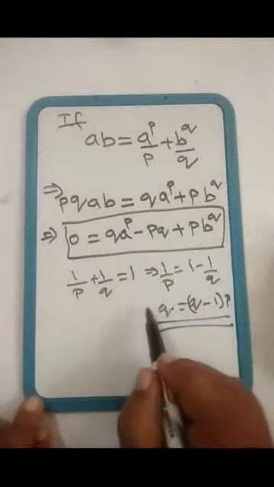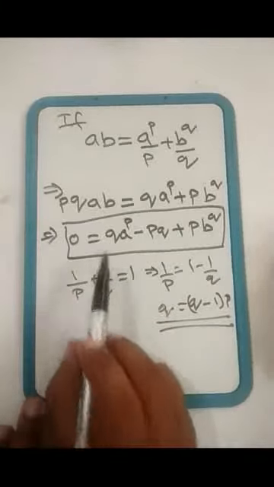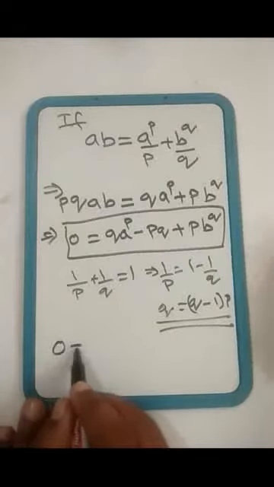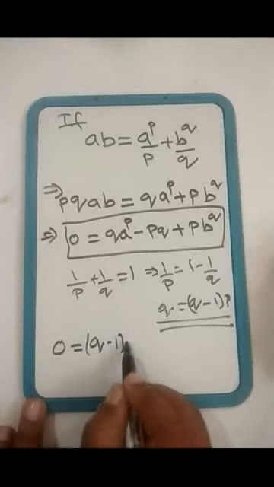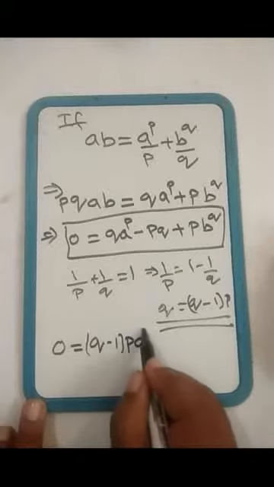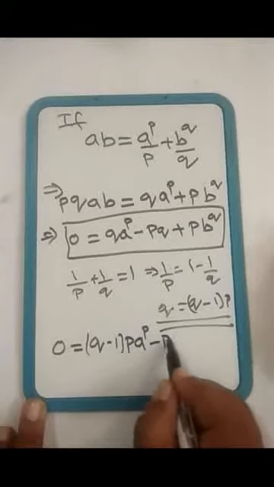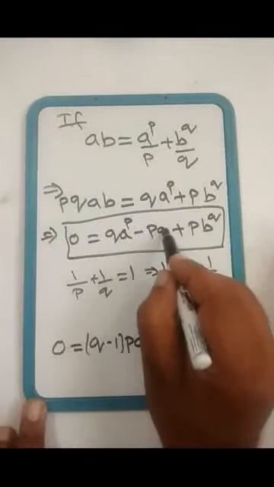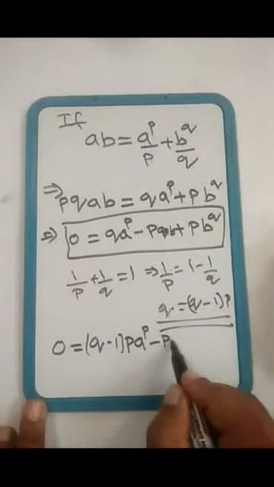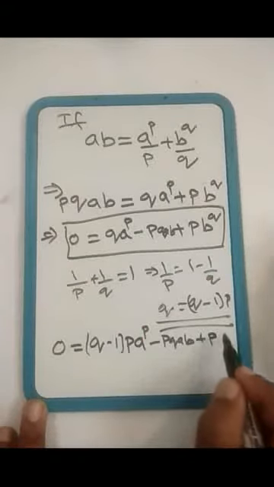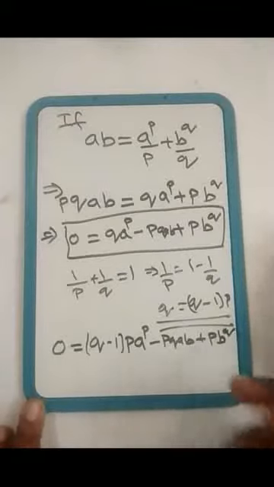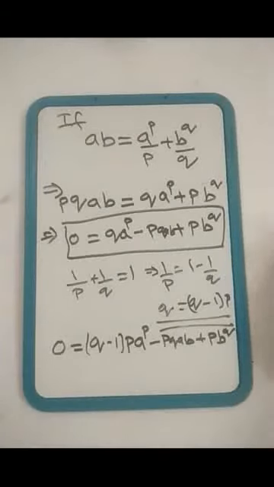So let's substitute this value here, this value of q. So 0 is equal to q minus 1 times p, a raised to p, minus, here it is ab, sorry, pq ab plus b raised to q. Okay, this is the case.